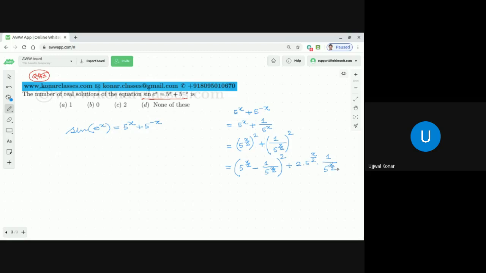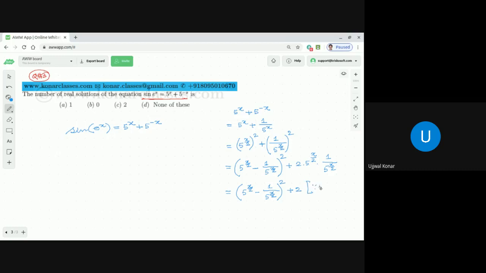Do all of you agree with me, dear students? Yes. So this is equal to 5 power x by 2 minus 1 by 5 power x by 2 whole square plus 2.